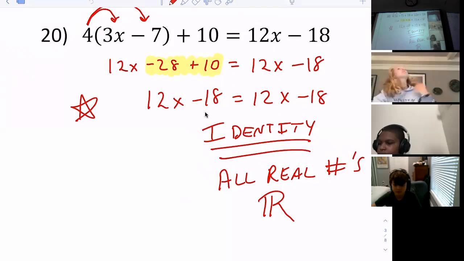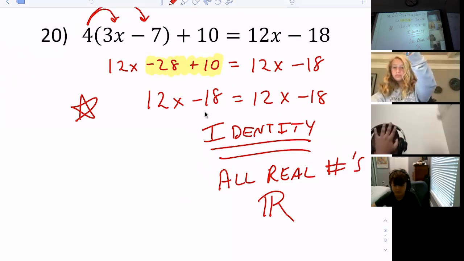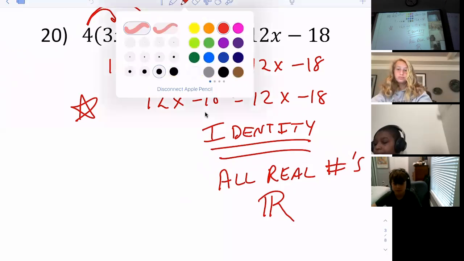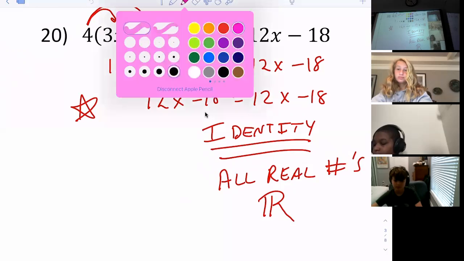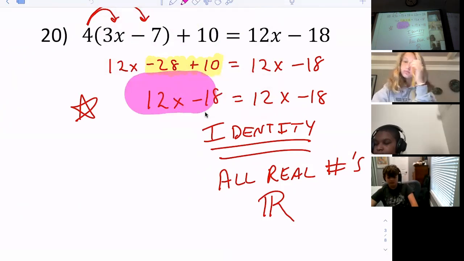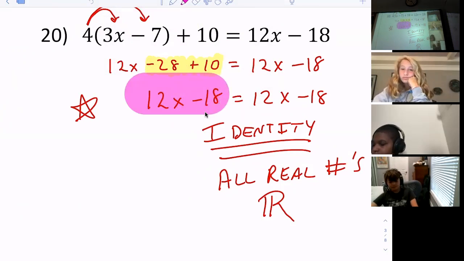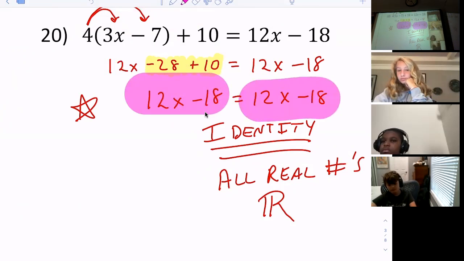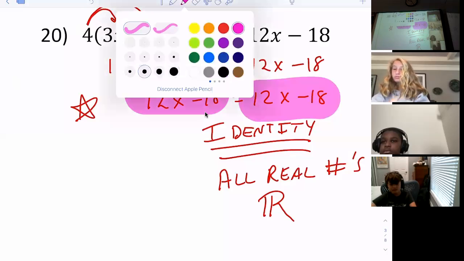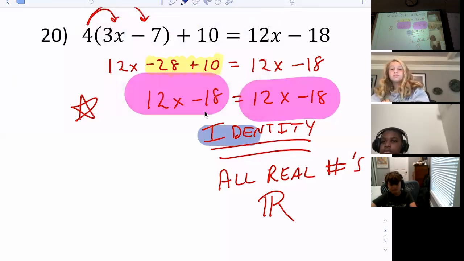When you combine terms, the negative 28 plus the 10 equals negative 18. So now you're looking at this piece and saying that 12x minus 18 is always equal to 12x minus 18. Because that is always true, that's what we mean when we say that is an identity.